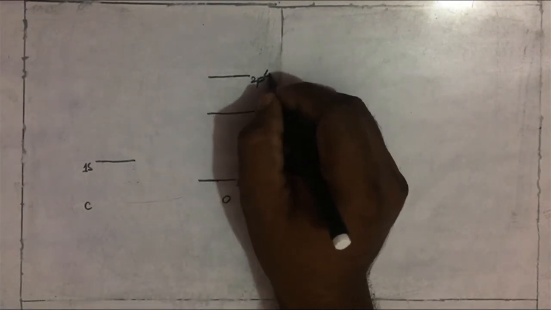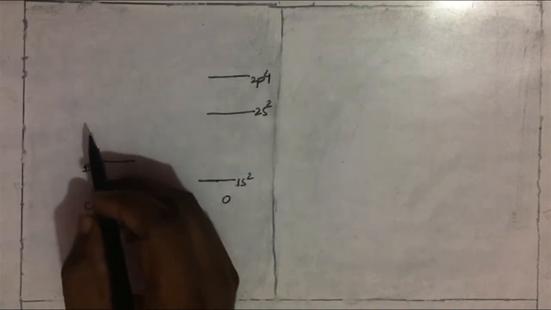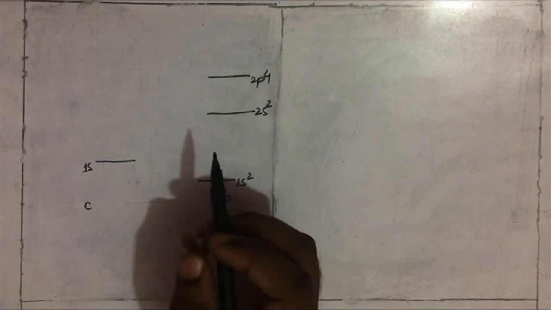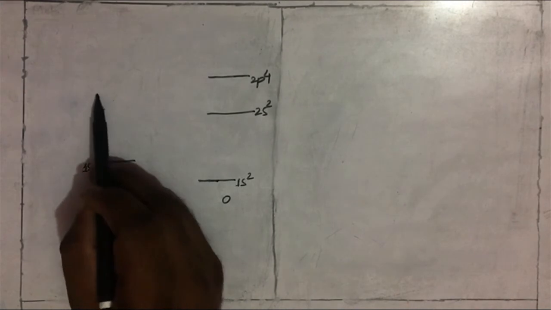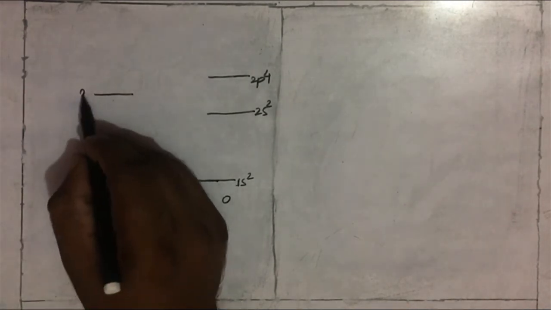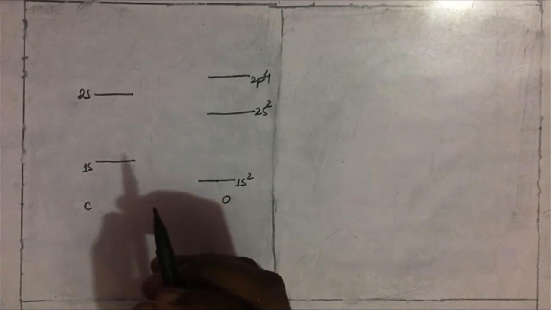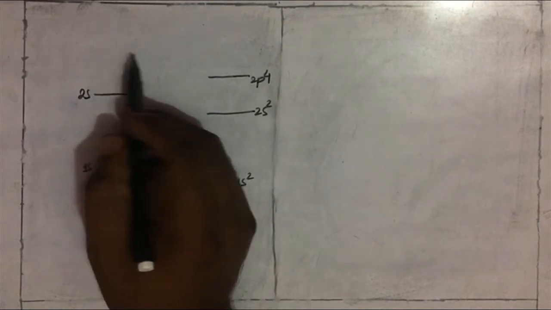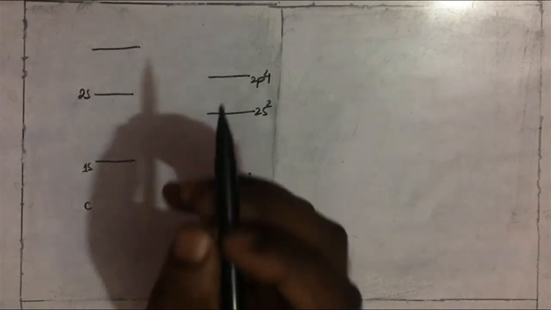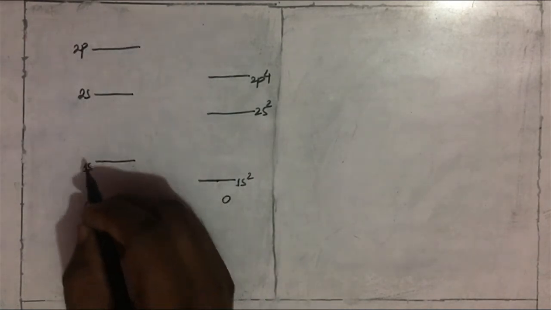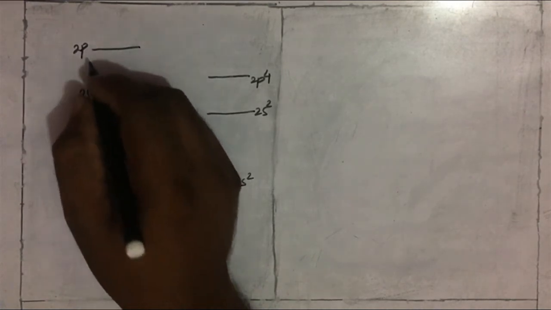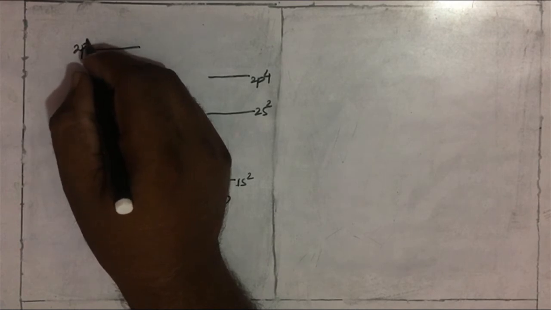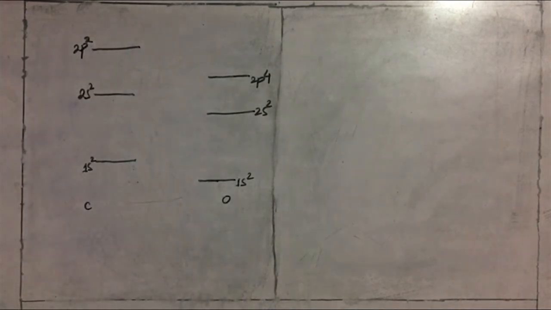Here 1s2, 2s and 2p. And for carbon, if we write the configuration, 1s2 2s2 2p2 means carbon has total electrons 6, so we can write this.